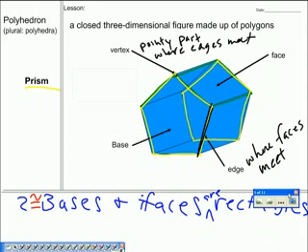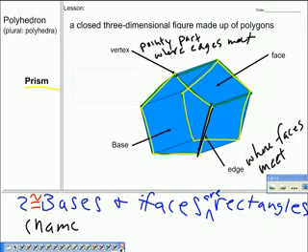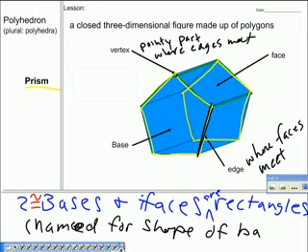Now, one other thing we're going to add: a prism has two congruent bases, and the faces are rectangles, but the prism is also named for the shape of the base. What is this shape?